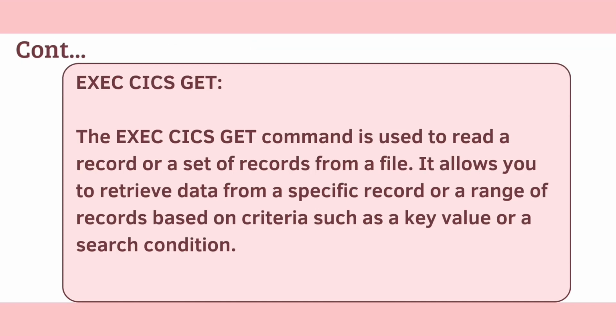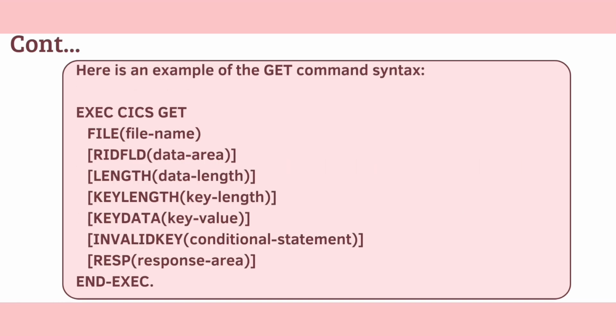First, coming to get. The get command is used to read a record or a set of records from a file. It allows you to retrieve data from a specific record or a range of records based on criteria such as a key value or a search condition.